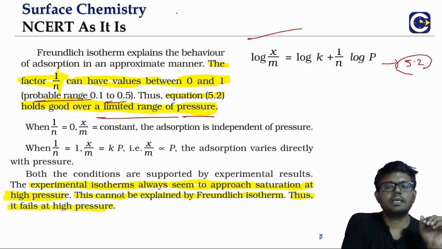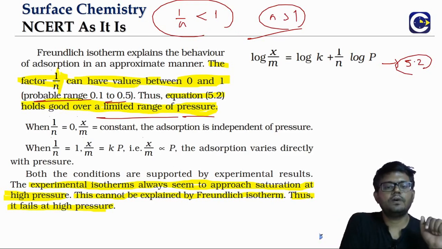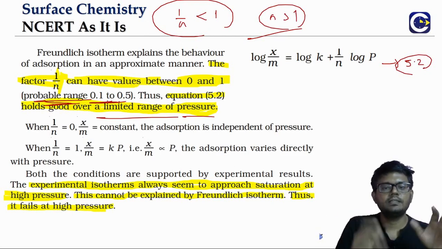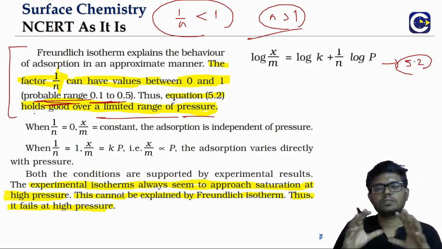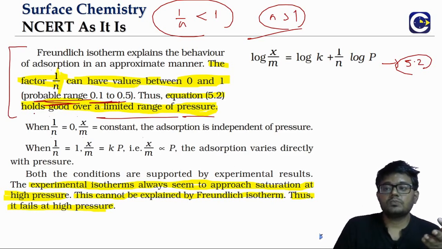We said n is more than 1, which means 1 by n will be less than 1. The probable range of 1 by n is 0.1 to 0.5. So over the short range of pressure, the Freundlich empirical equation was holding true. Even if you look at some cases like the adsorption which is independent of the pressure, what does that mean? If you have an adsorption which is independent of the pressure, look at the relation. What is it?